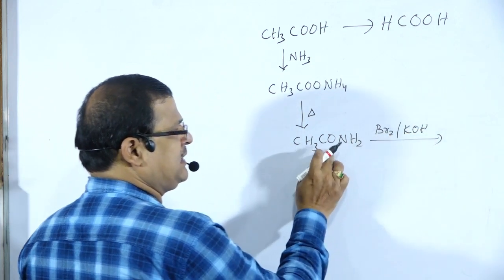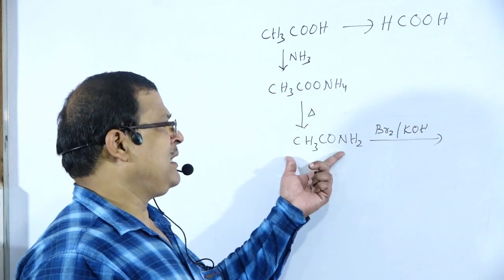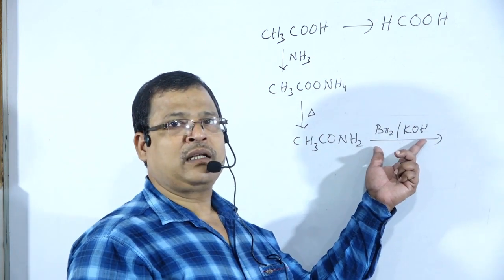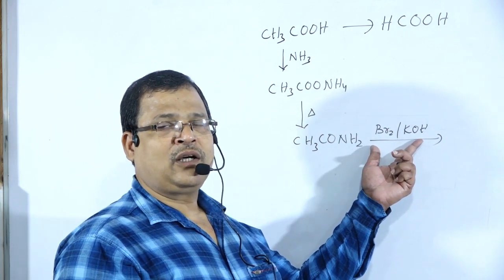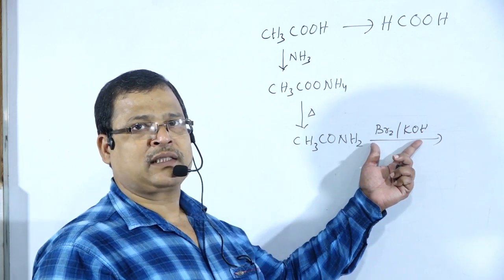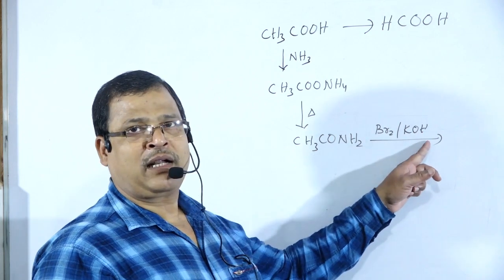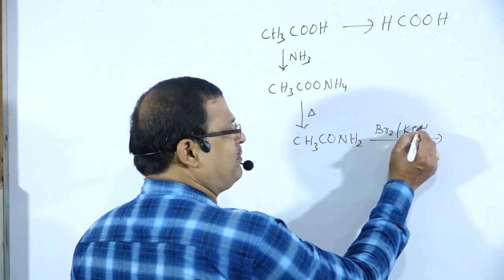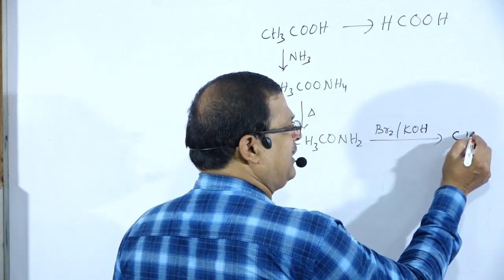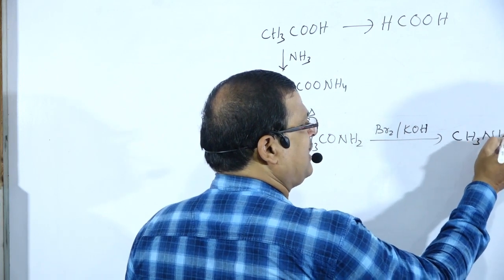So this acetamide that has been treated with Br2/KOH, that is Hofmann's bromamide reaction. Bromine reacts with the amide in the presence of the base KOH, and there is the formation of an amine with one carbon atom less.